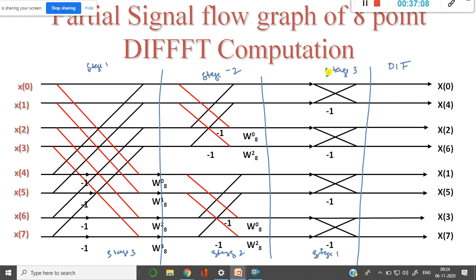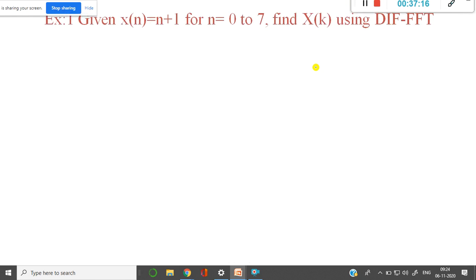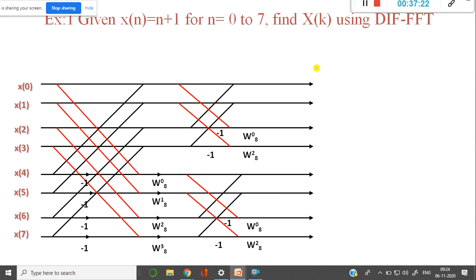Now quickly we will solve one example using the DIF FFT method, so that you can understand in a much better way how to solve the example.